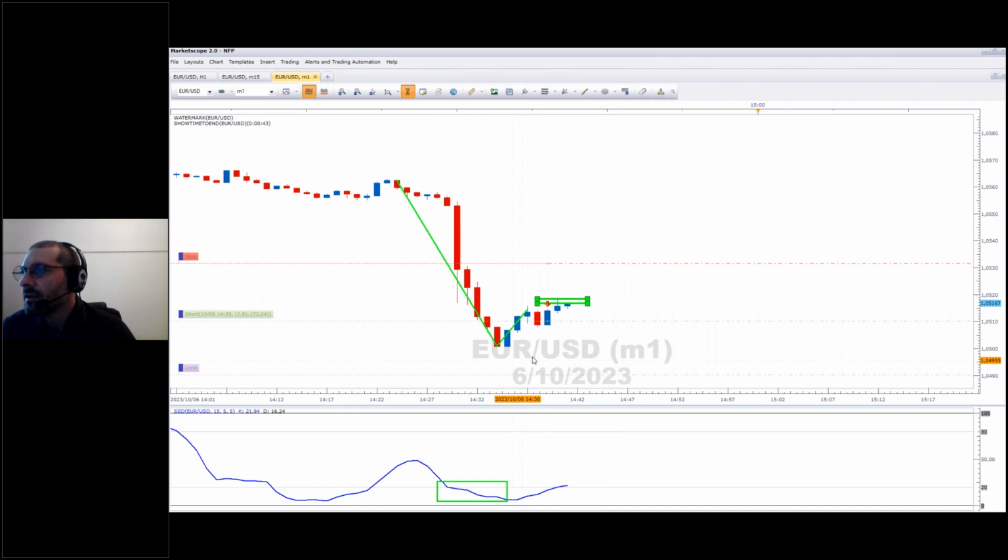Here's the resistance. I'd like to get that stochastic back under 20. That will go a long way, making me more comfortable.